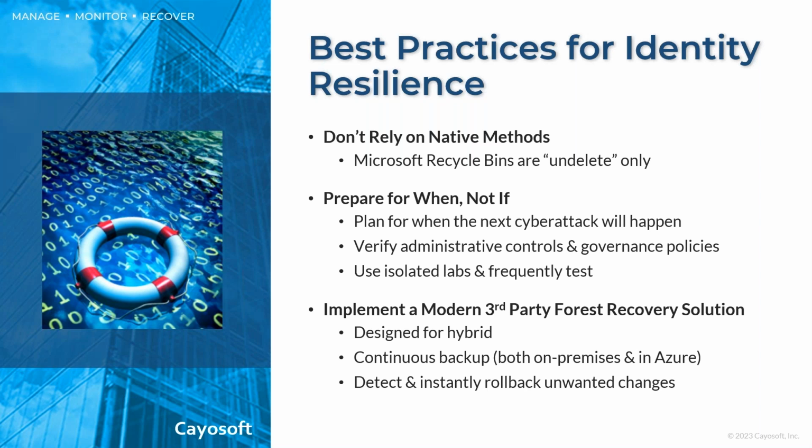Try to get to zero trust or implement a zero trust strategy. Use isolated labs and recovery or resilience. You want to be able to do a backup and recover your entire forest or directory periodically to test the recovery. If you could test it continuously, that would be ideal.